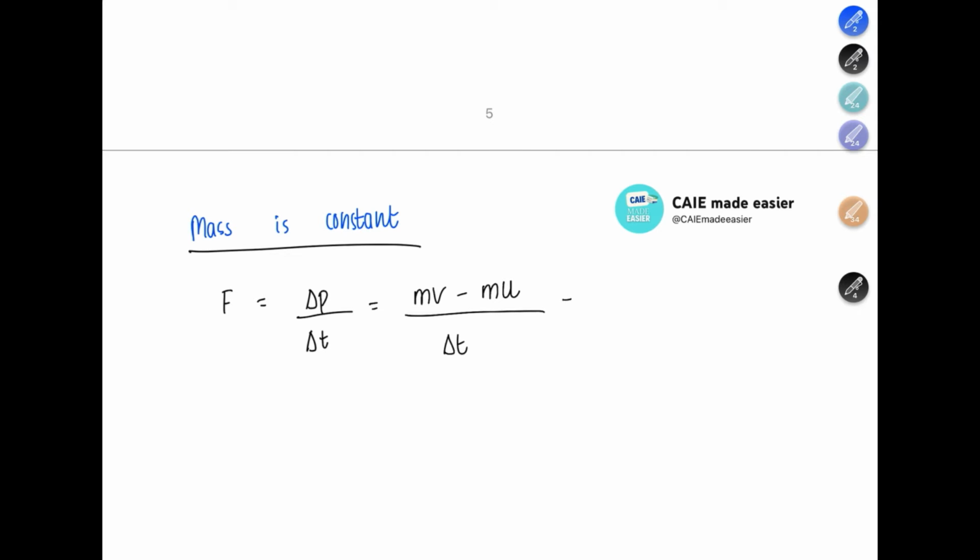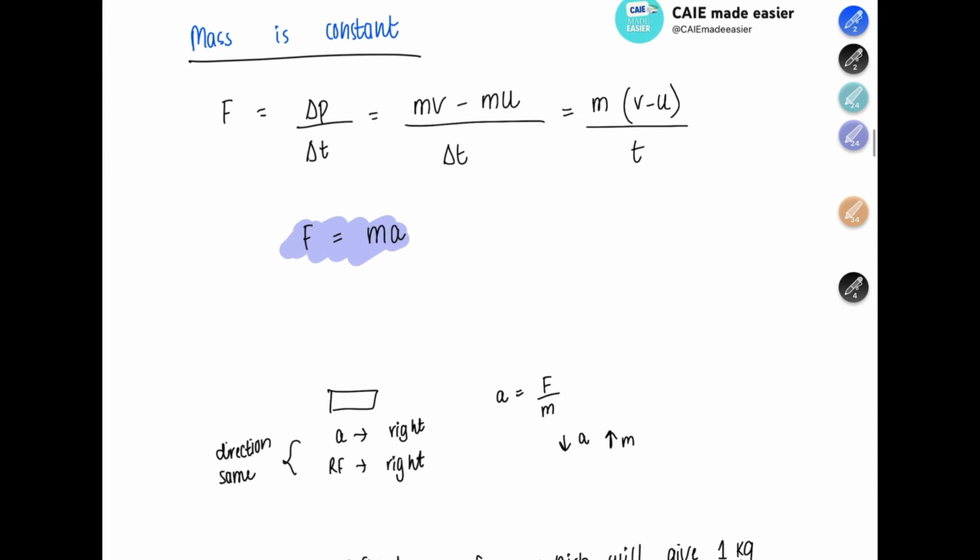Now, since mass is constant, we can take mass outside, and then v minus u divided by t. If you remember, this is the formula for acceleration. So F equals ma. This is a very important equation, and it's very useful. Force equals mass multiplied by acceleration.